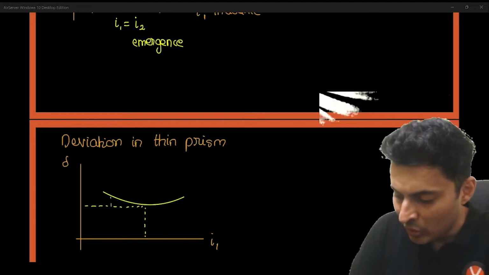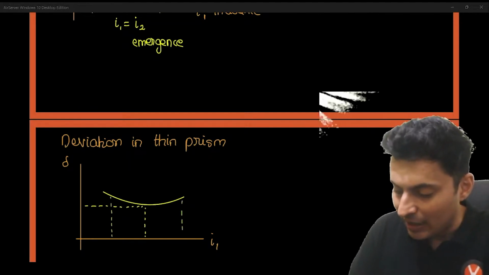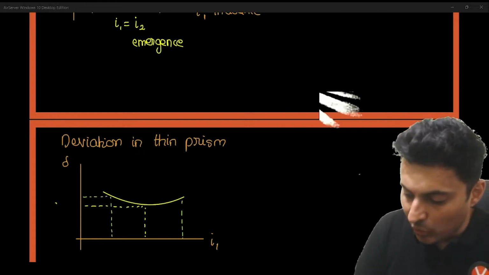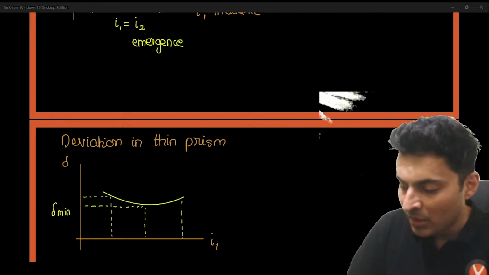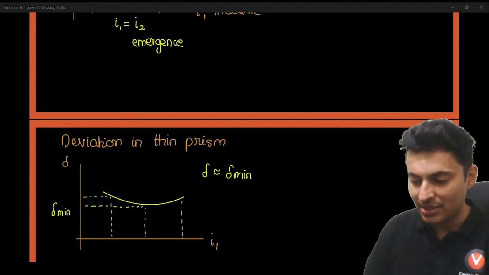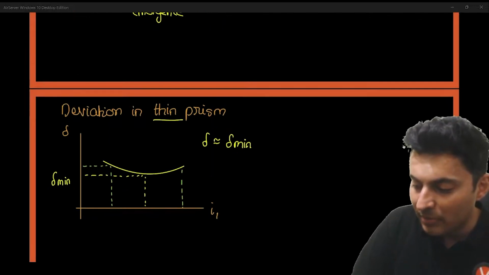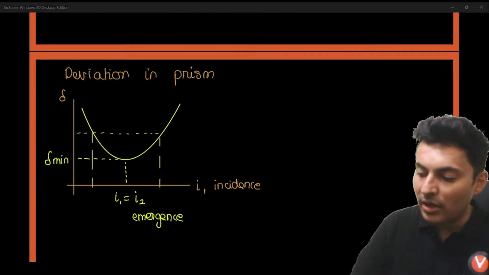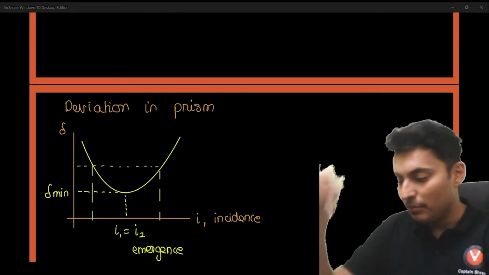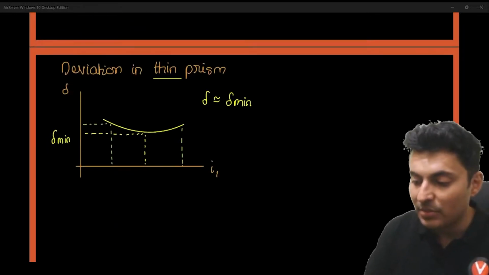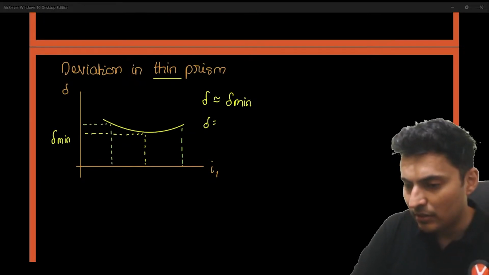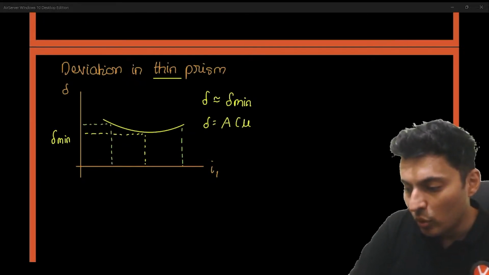Can you see that? No matter how much you change the angle of incidence, the deviation has not changed much. Hence, only in case of a thin prism, deviation for most of the angles is approximately the minimum deviation. This is for a normal prism, where it can have many values. Only for a thin prism it's almost similar. In fact, there is a formula also: A into mu minus 1.